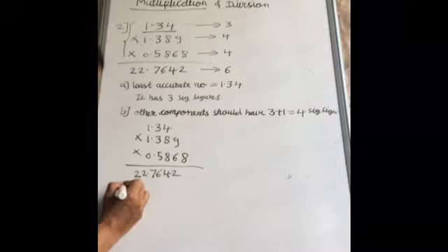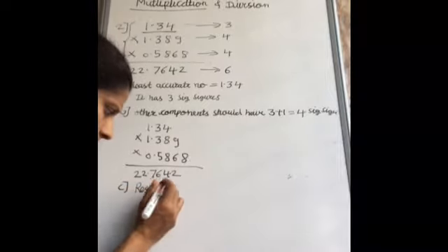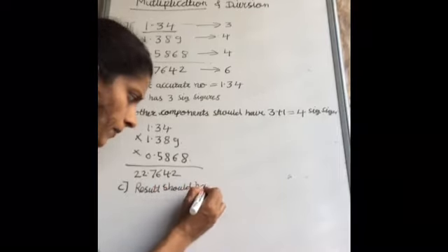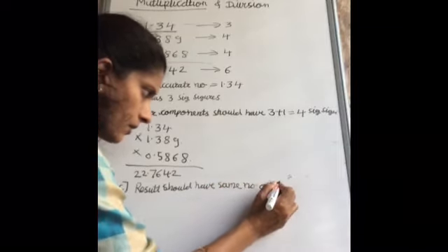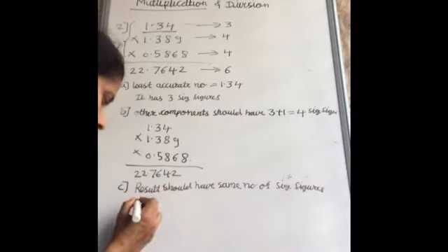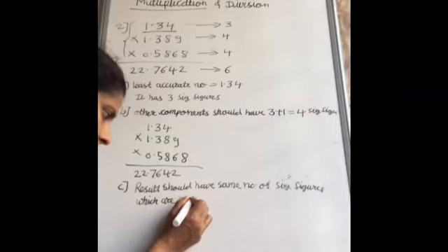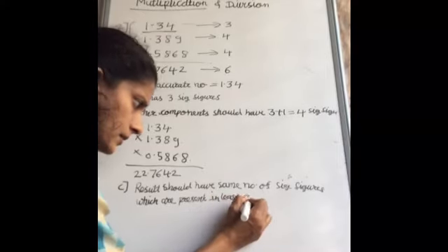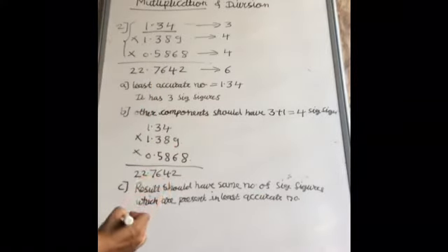Third rule: your result should have the same number of significant figures as are present in the least accurate number. It has 3 significant figures.